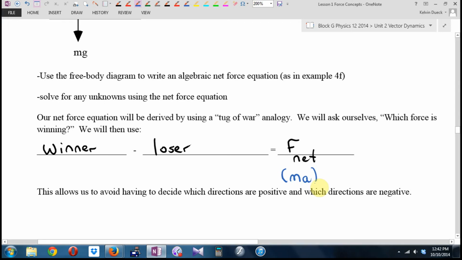This is going to allow us to avoid having to decide which directions are positive and which directions are negative. Josh, it's also going to allow us to avoid minuses, which is where we're likely to make a mistake. We will decide in this unit which direction is positive, which means that 9.8 won't have a negative in front of it, like it did last unit all the time.